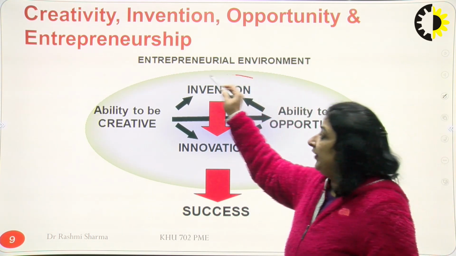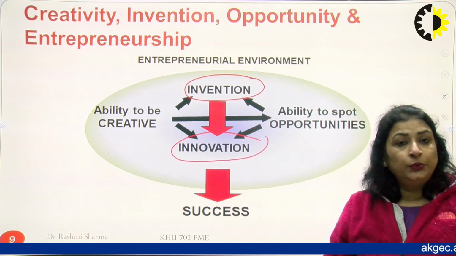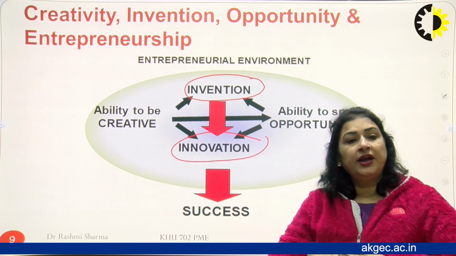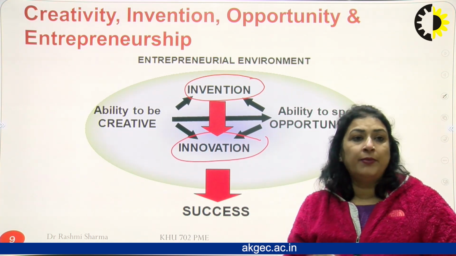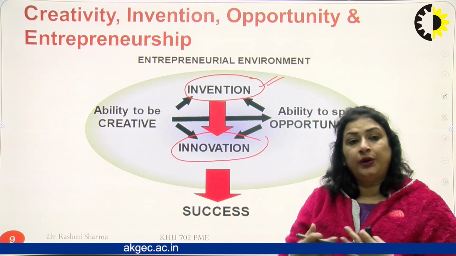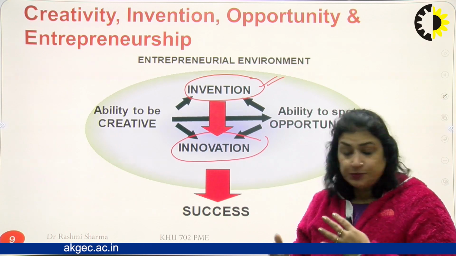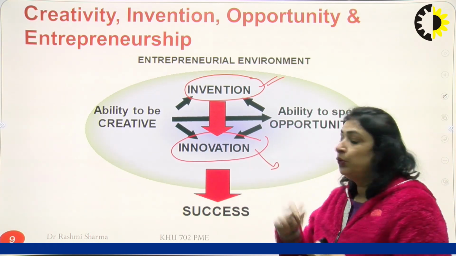So, the relationship between creativity, innovation, opportunities and entrepreneurship. In the last session we have seen, when you are doing something new, like flying with the airplane, or when we had a bicycle, that was an invention. When that bicycle converted to a sports bike, or the plane converted to a jet plane, then it became an innovation.